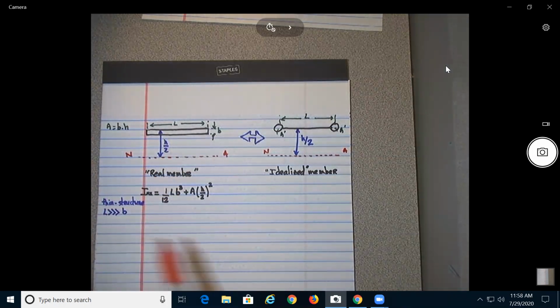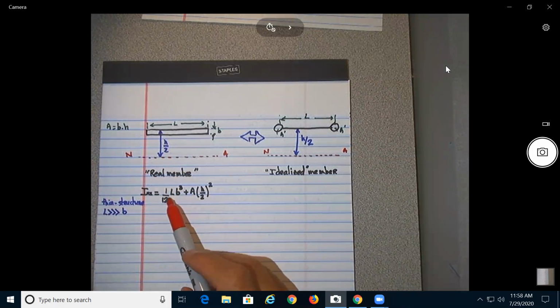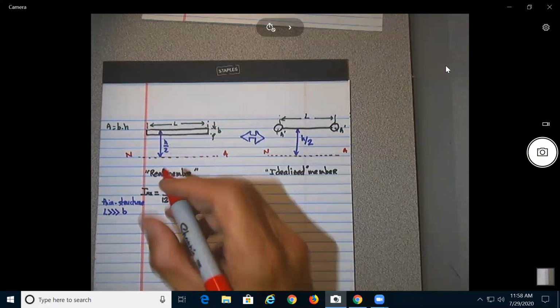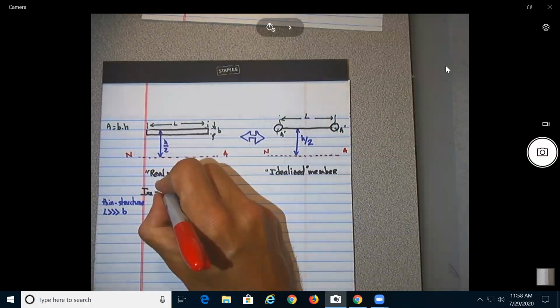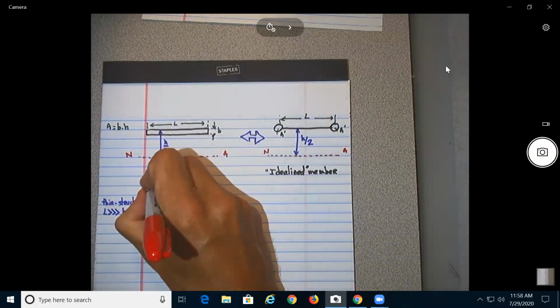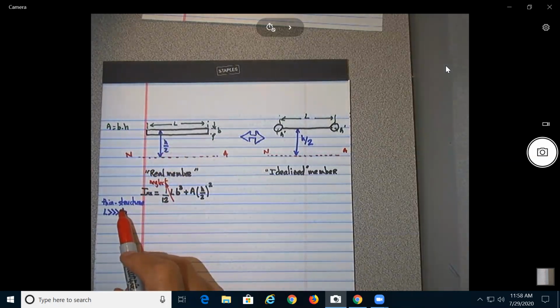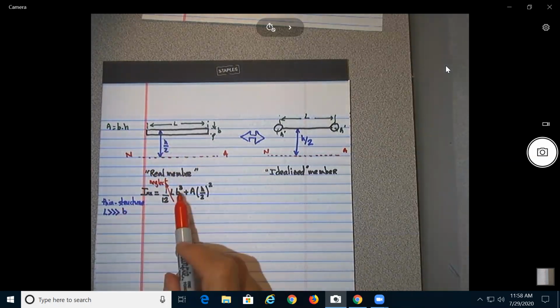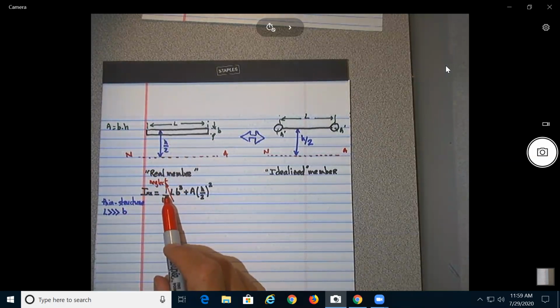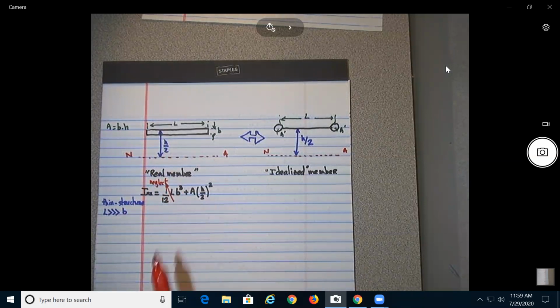So if L is very big and B, let's say, is very small, let's say it's 0.1 inch, if you do 0.1 inch to the cube, it's going to be a very small value, no? So we can neglect the first term over here because of the thin structure assumption, because B is very small compared to L. So this term will become insignificant compared to this one.